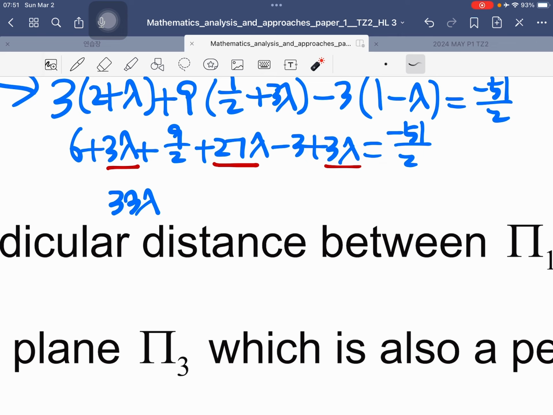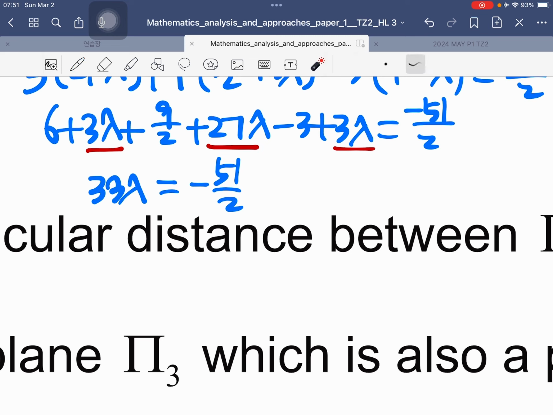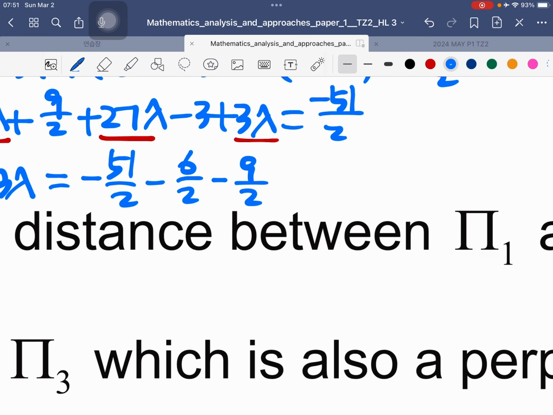So let's move all the constants to the right side. It equals negative 51 over 2. Over here, 6 minus 3 is positive 3, which going to the other side is negative 3, or negative 6 over 2. Then the 9 over 2 going to the right side is negative 9 over 2.